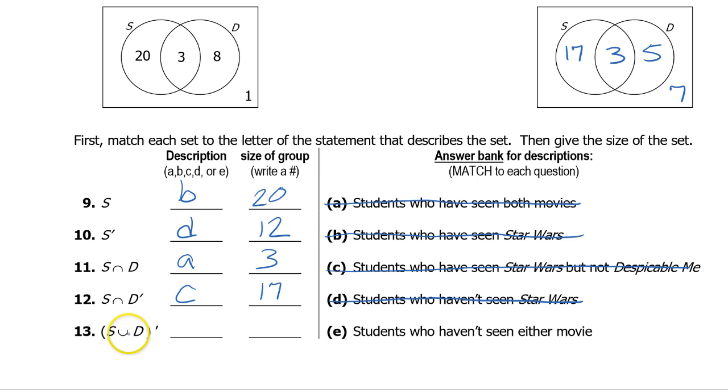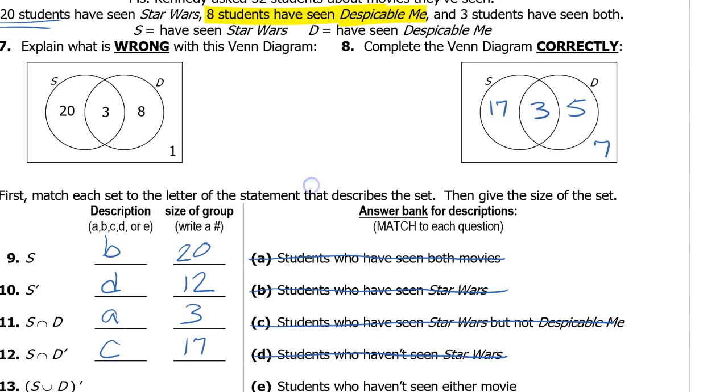Now we have the complement of the union of S and D. The complement means not in S or D. So if I do a little quick highlighting here, this is the union of S or D. That's all the students who have seen either movie.